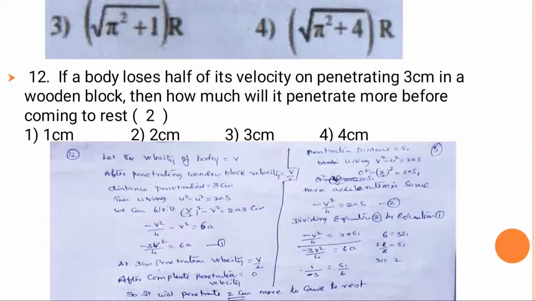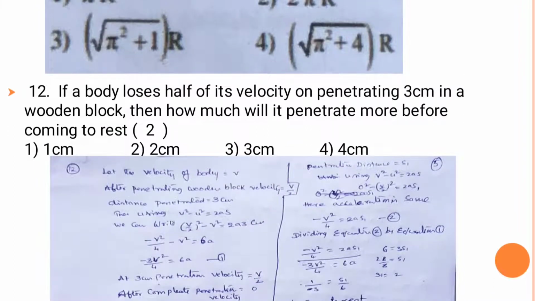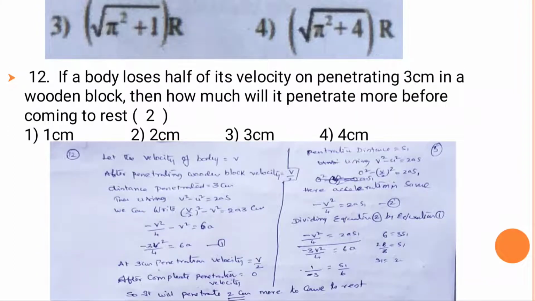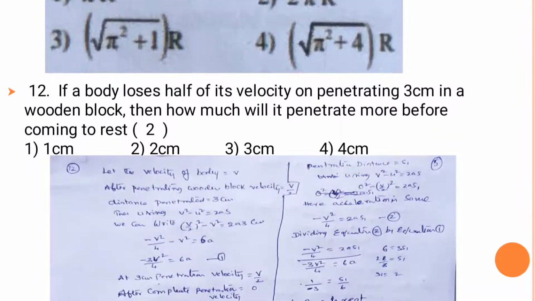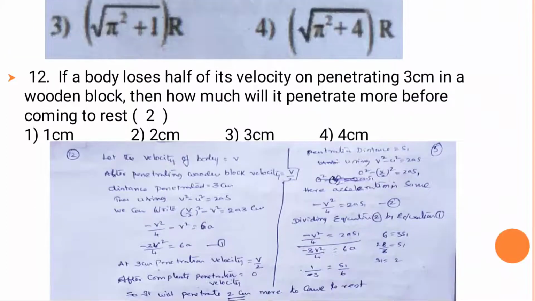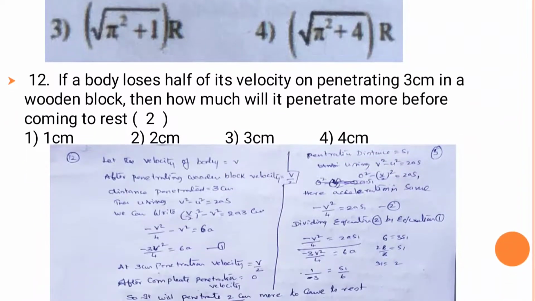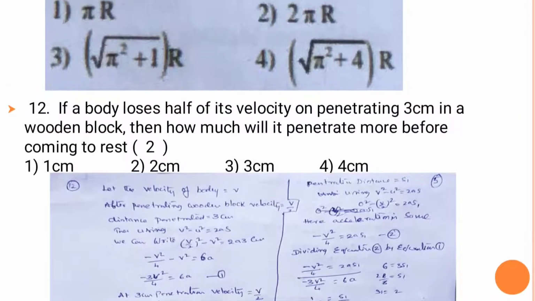Now next, we have to calculate how far it penetrates after this, so that it comes to rest. So now we can start with initial velocity v by 2.